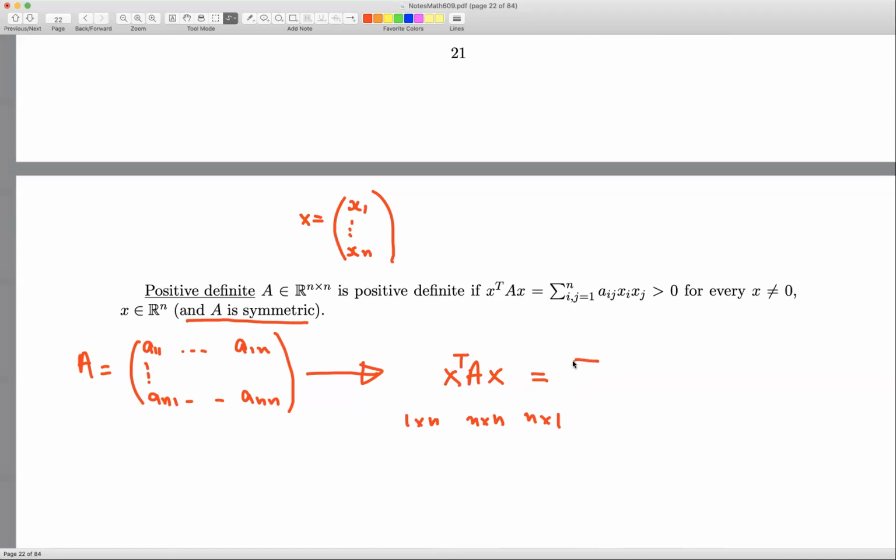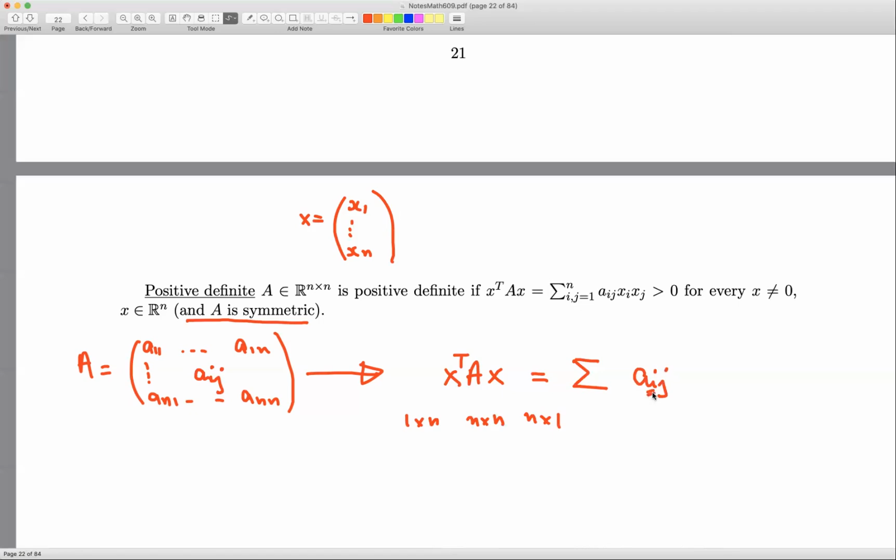This is a sum. You look at the entries of the matrix, and every entry of the matrix has to participate in this sum. So if you look at the entry with indices i and j, that stays on the ith row and jth column, this entry will participate in the sum.